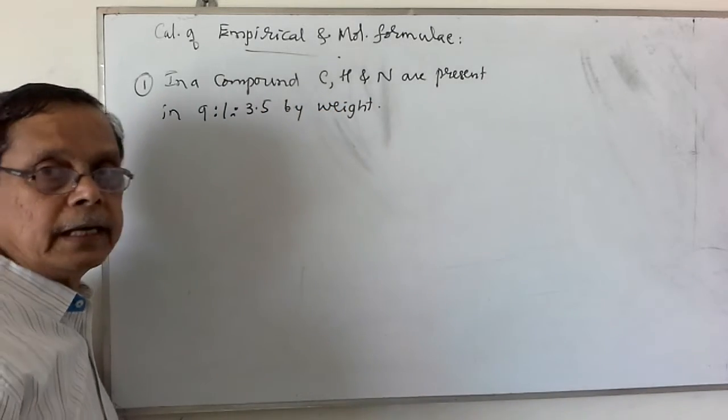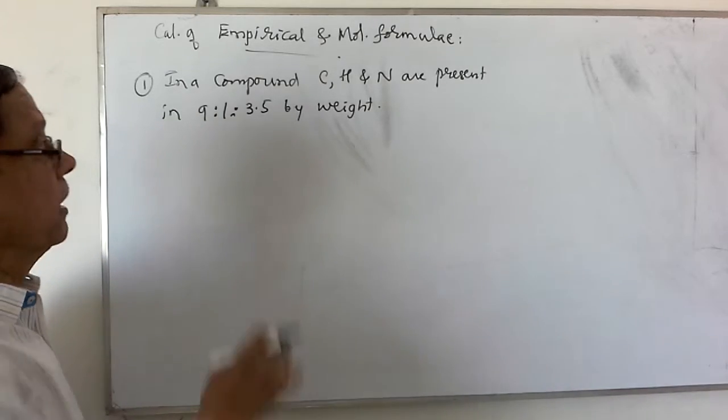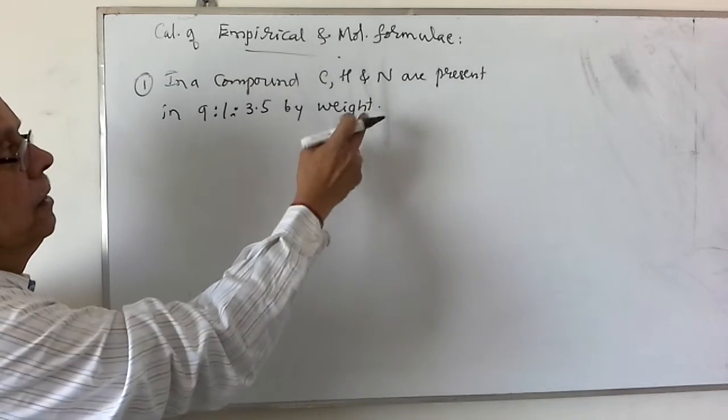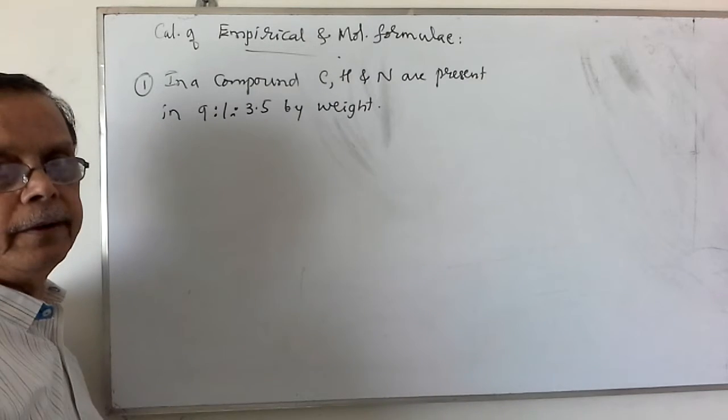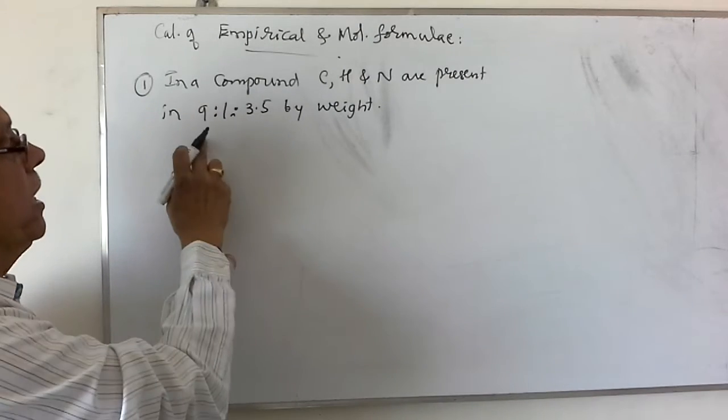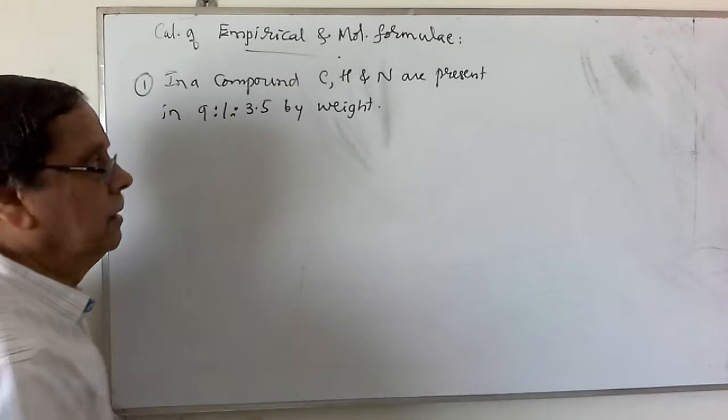It is not given as a percentage. The ratio of the masses of carbon, hydrogen and nitrogen is 9:1:3.5. Suppose you take grams: 9 grams to 1 gram to 3.5 grams.